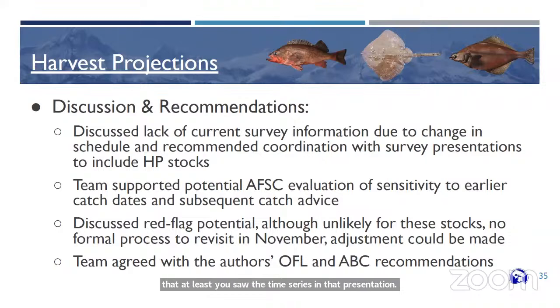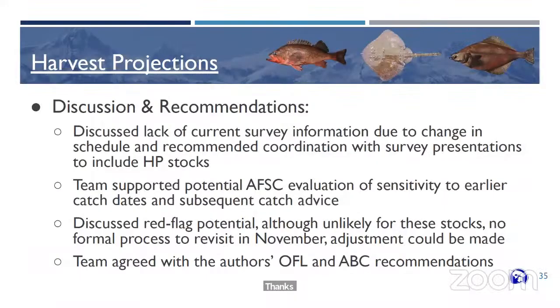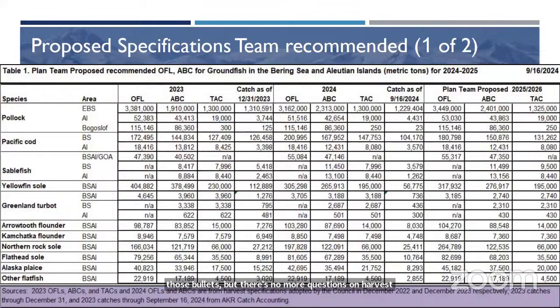Thanks. I'm not sure if we covered all those bullets, but there are no more questions on harvest projections right now. Yeah, I think I did cover those bullets. Oh yeah, the team agreed with the authors' OFL and ABC recommendations for the stocks. And then I think we just have a few more slides.